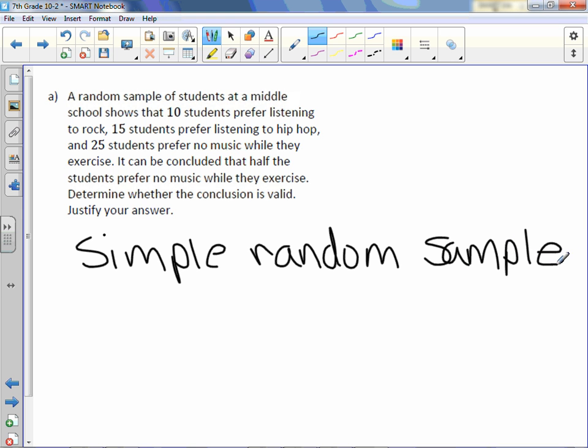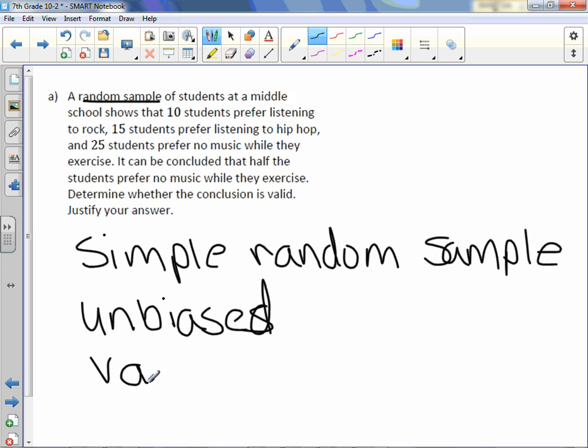I know that because it said random sample and it didn't have any other restrictions. So a simple random sample, which means it is unbiased, which means it is valid. So it's a good way to sample a population.